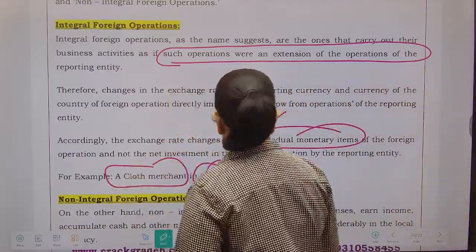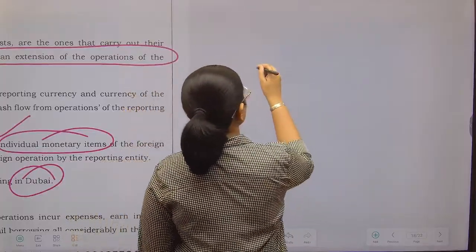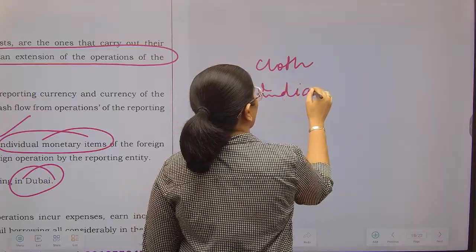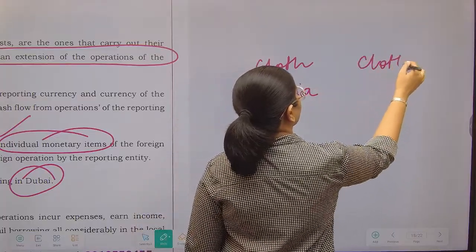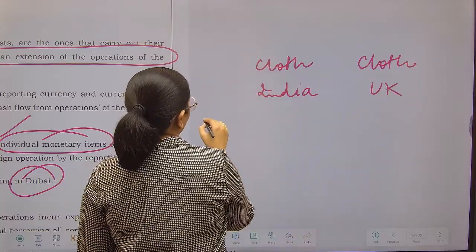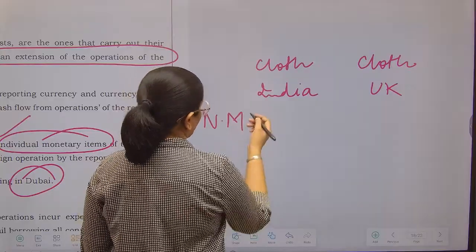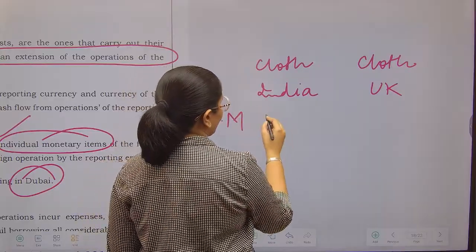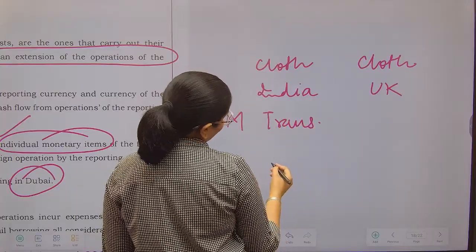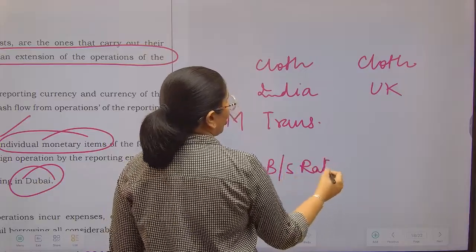For example, see this, या ऐसे समझ में आ जाएगा. This is my cloth business in India and this is my cloth business in UK. Fine. So over here I have non-monetary items and monetary items. नॉन मॉनेटरी आइटम्स को मैं किस पे रिकॉग्नाइज करती हूँ? ट्रांजैक्शन डेट पे. फाइन. मॉनेटरी आइटम्स को मैं किस पे रिकॉग्नाइज करती हूँ? बैलेंस शीट रेट पे, और क्लोजिंग रेट.